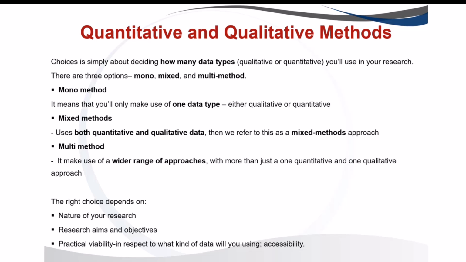Please, colleagues, even though I say in qualitative methods there are no numbers involved, I'm not saying that you are not supposed to tell us about your sample and also the population. You still have to do that. But when you analyze your data, you are not going to present it in the form of numbers.